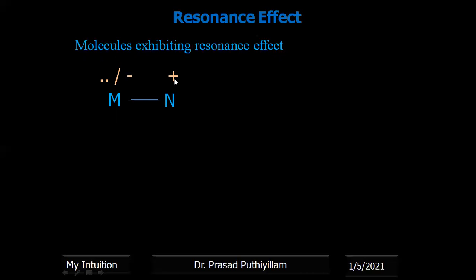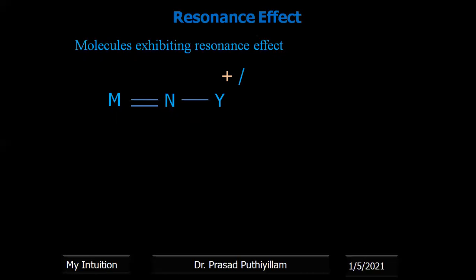Therefore, this positive charge will be neutralized, giving two atoms doubly bonded, M double bond N, and connected to another atom which is in conjugation. So conjugation is compulsory, that means alternate single and double bonds, or alternate lone pair of electrons, alternate charge separation. If it is there, this is possible.